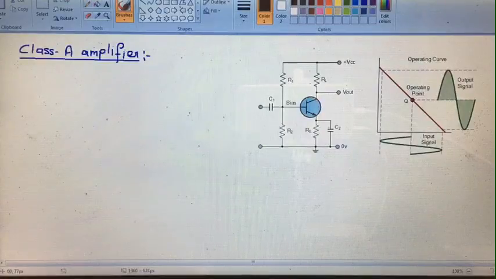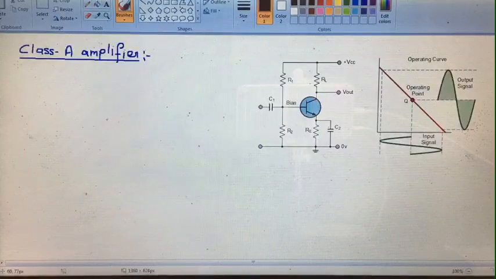We selected an operating point during the biasing of the transistor. On the selection of the biasing or quiescent point for use as an amplifier, the transistor amplifier is classified into class A, class B, class AB and class C types of amplifier.